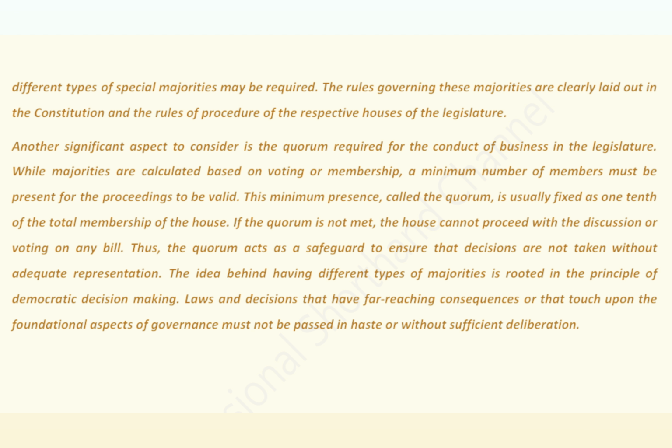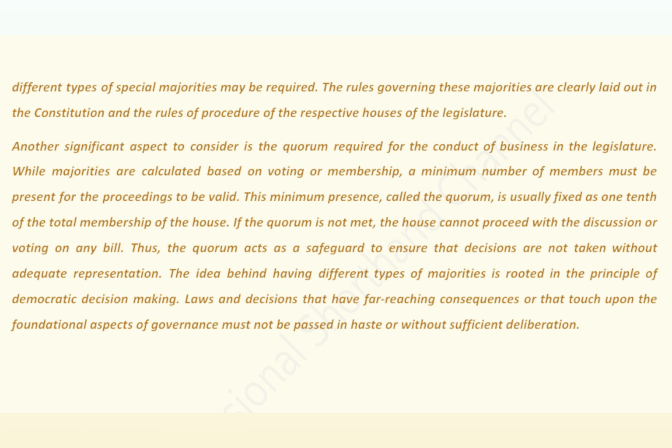Another significant aspect to consider is the quorum required for the conduct of business in the legislature. While majorities are calculated based on voting or membership, a minimum number of members must be present for the proceedings to be valid.